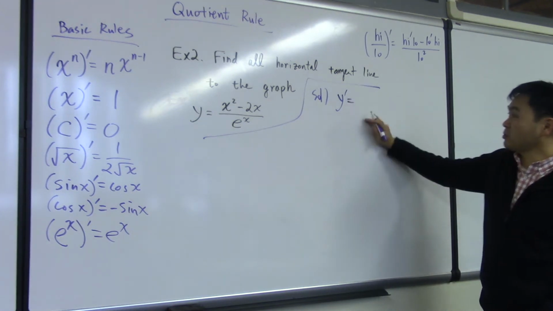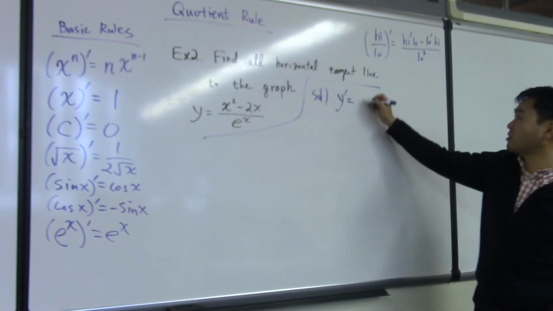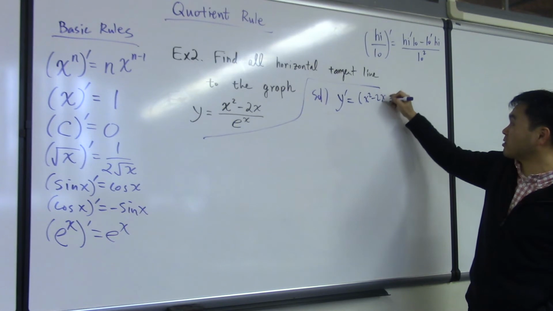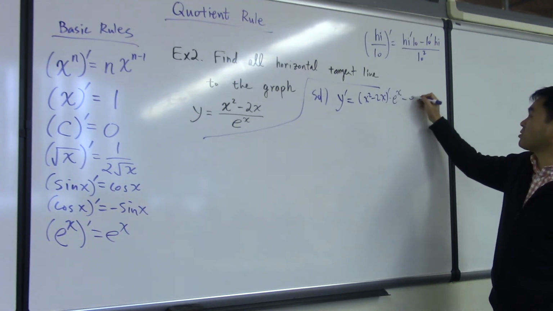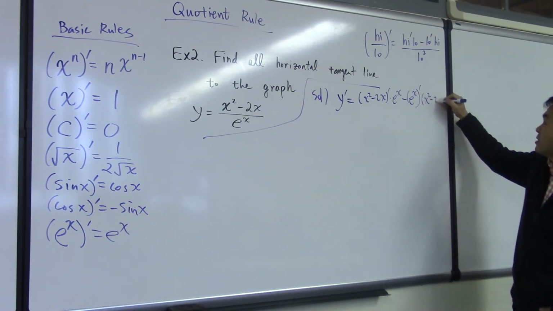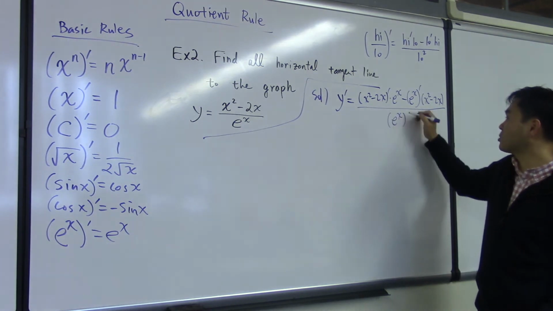Because this is a quotient, you have to use the quotient rule, which says high d low, so the derivative of x squared minus 2x times low, minus low d high, over e to the x, the low squared.